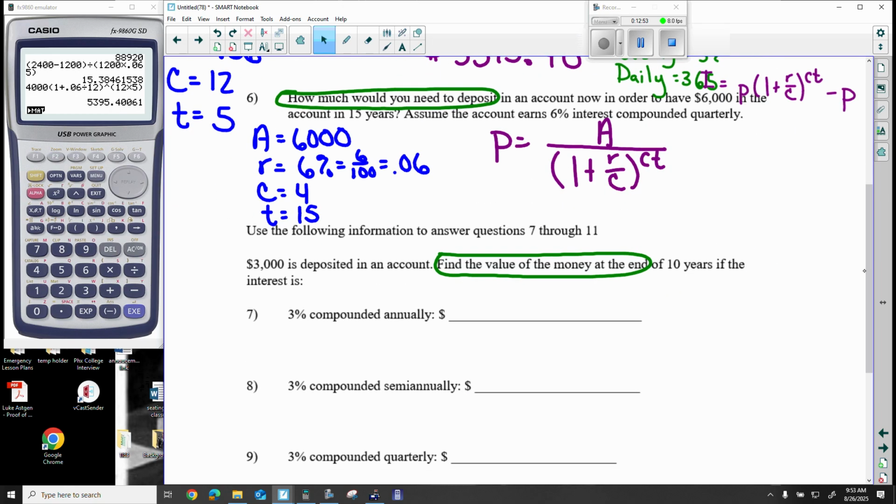All right, so what we do is plug those in. Make sure that the exponent of 4 times 15 is written in the denominator when you do this.